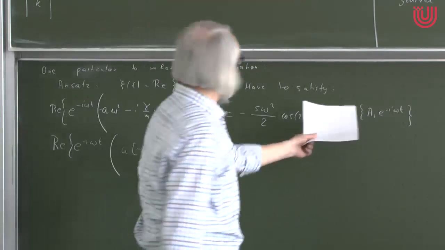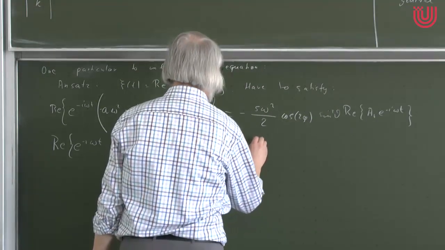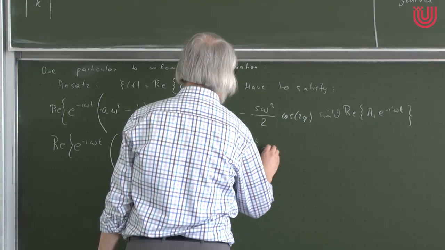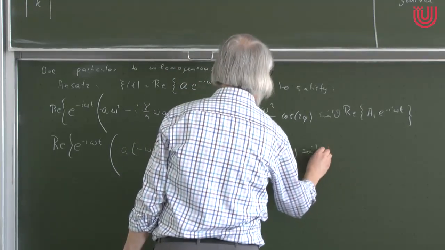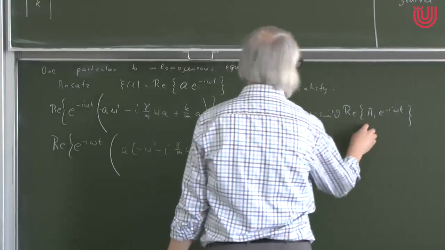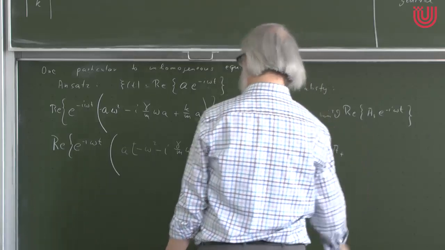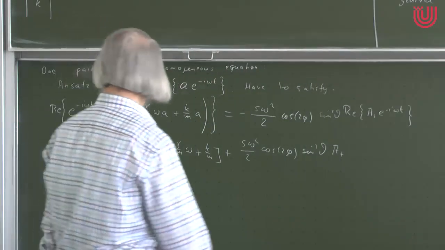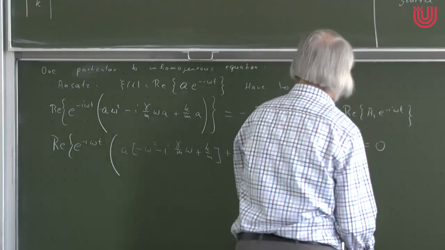And if I take this to the other side, I get a plus: plus omega squared over a half, cosine 2 phi, sine squared theta, a plus. The round bracket and curly bracket is 0.